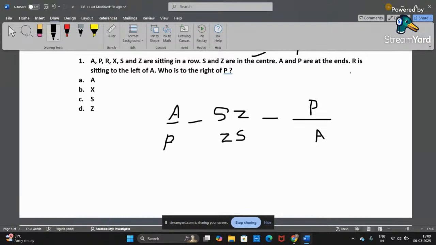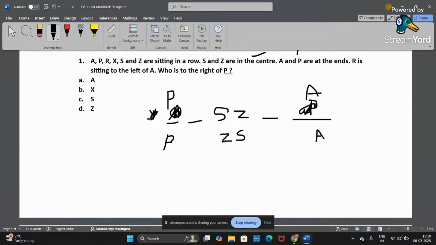Then what are the remaining? R is sitting to the left of A. Left of A means A's left, so it cannot be here. So this is not the correct way. That means this P. Let's write it down here also. P A. This is the possibility.